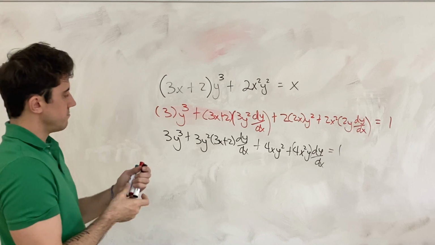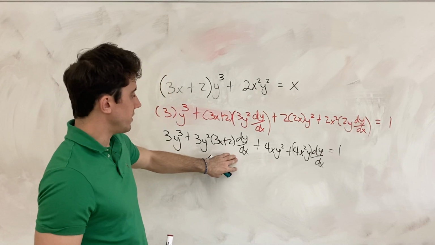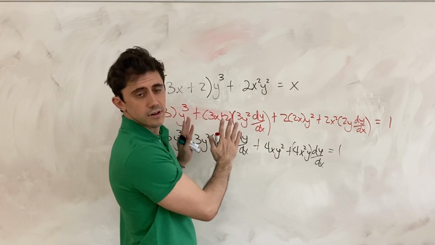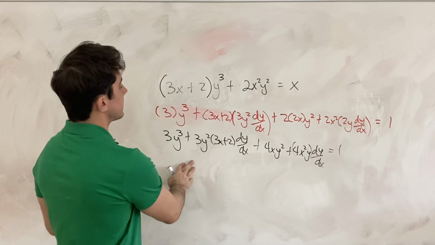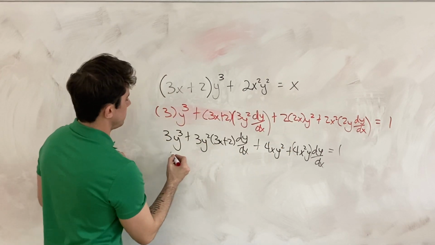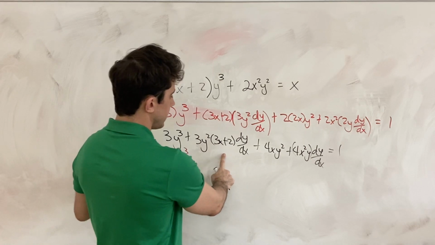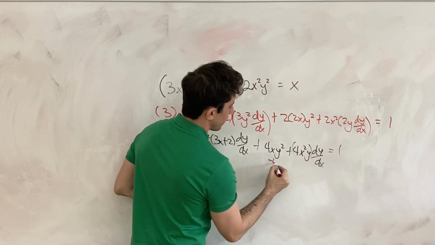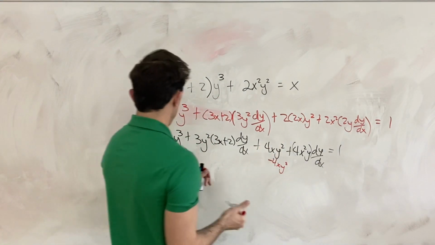Now, what I'll do here is everything that has a dy/dx component, I'll leave on the left-hand side, isolating dy/dx later on. And everything that doesn't have a dy/dx, let's move that to the other side, okay? So I'll even write it out. Subtract 3y cubed, that has no dy/dx part. Subtract 4xy squared, that has no dy/dx component, and so we'll do the same thing on both sides.